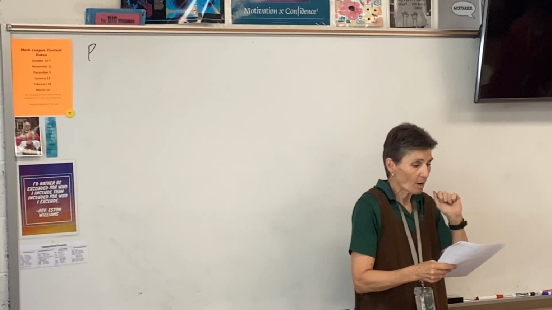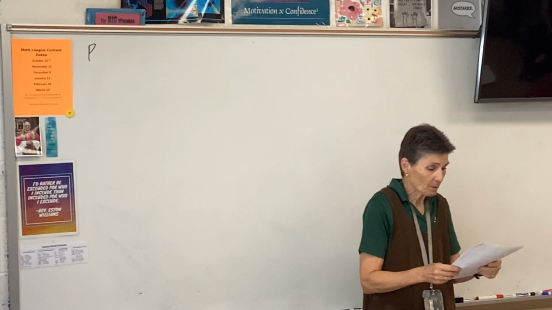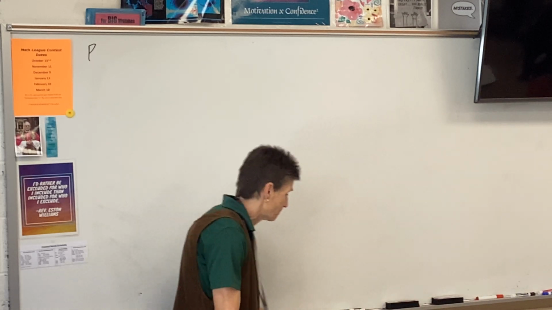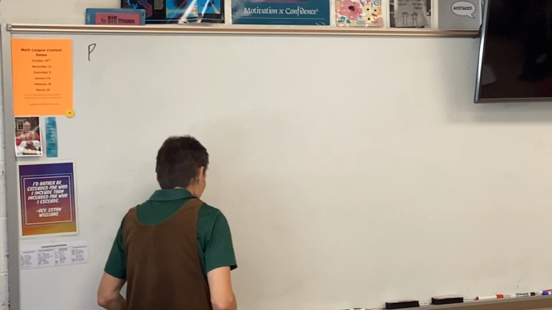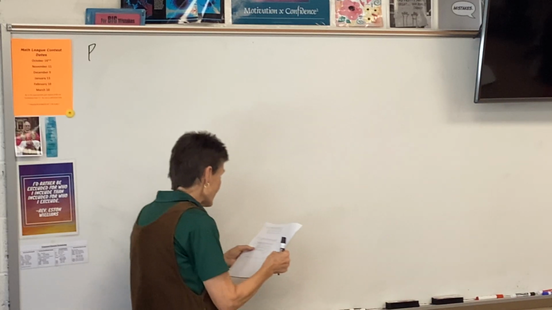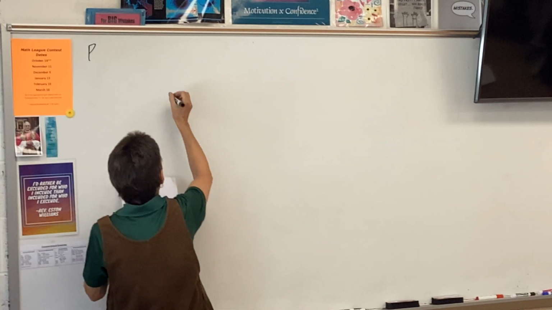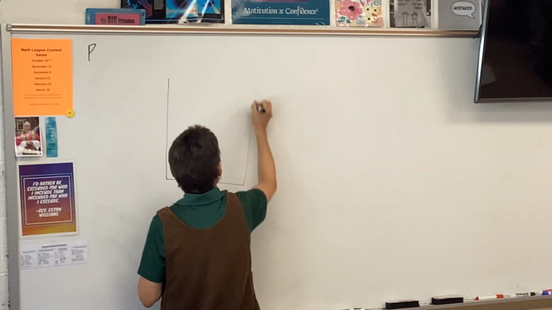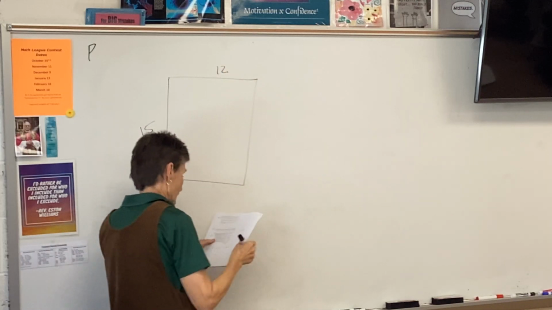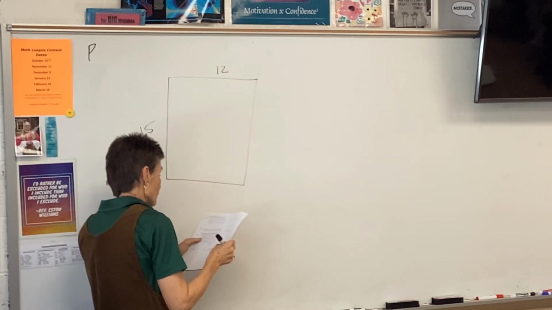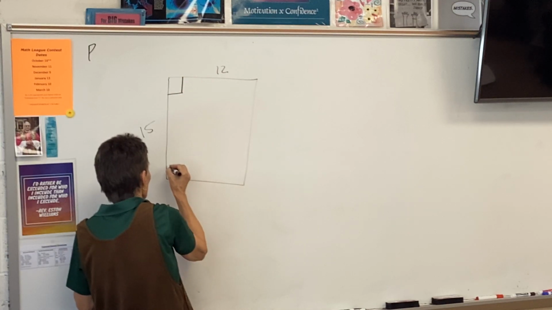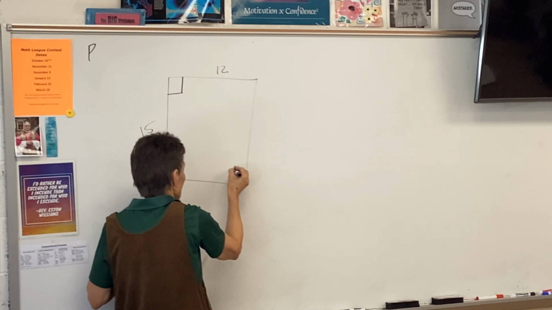So let's go, we're on the very back of our notes, and we're getting ready to do what we call the box problem. So, here is the scenario. We have a piece of paper that is 15 by 12. And we are going to cut square corners out.